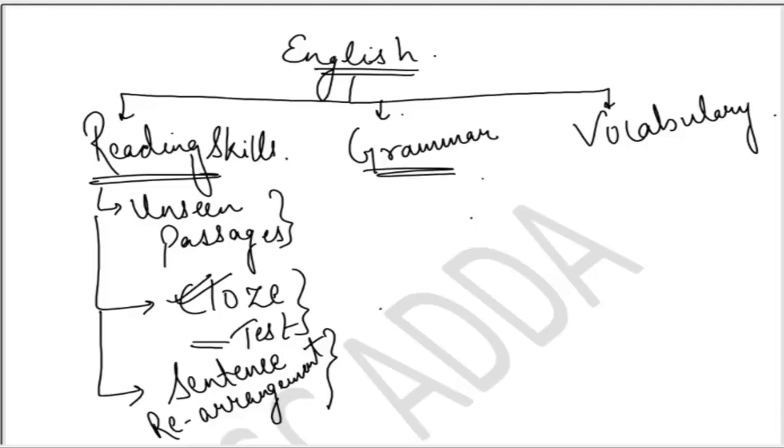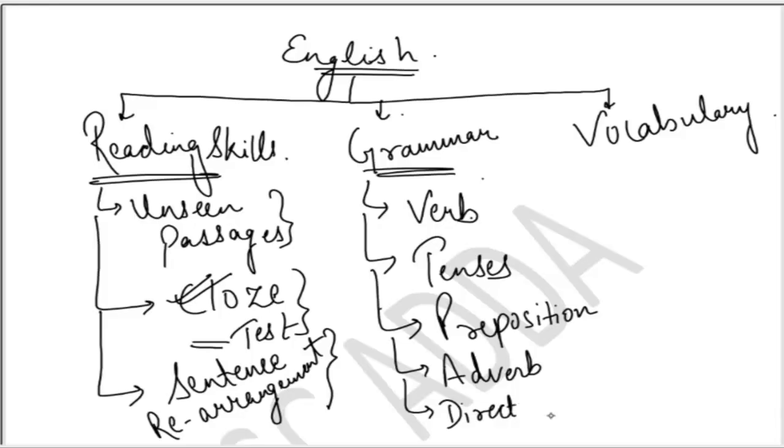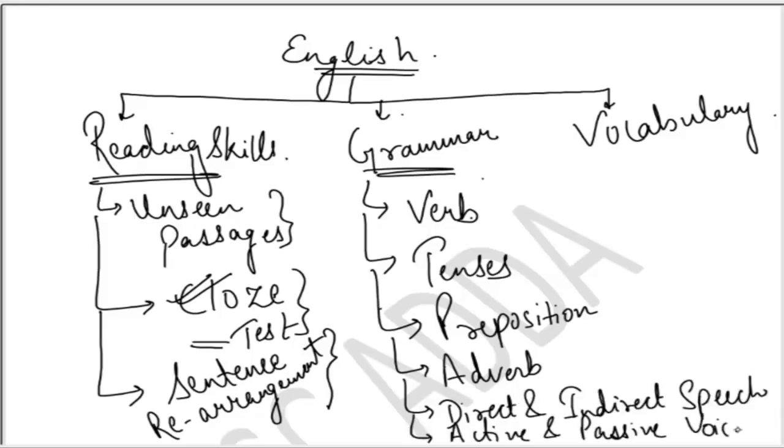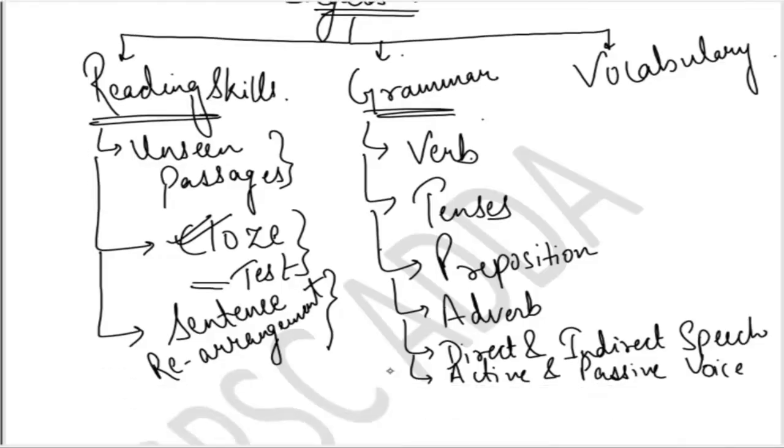From your examination perspective, the important topics are verb, tenses, preposition, adverb, direct indirect speech, which we also call narration, and active and passive voice. You need to read these things only. That will be enough. And one more topic, which is subject verb agreement. So in grammar, we need to cover these topics.